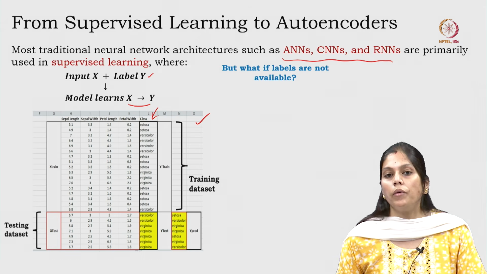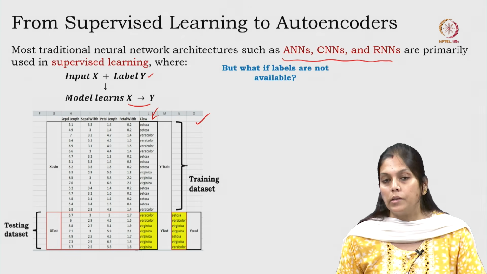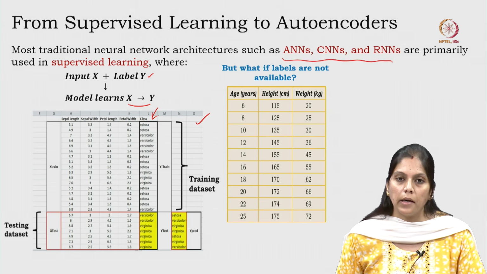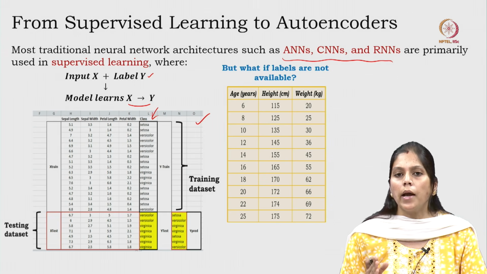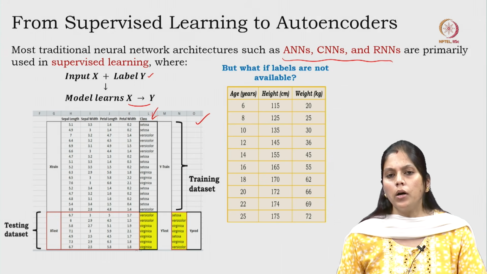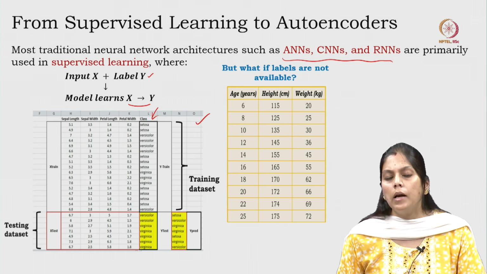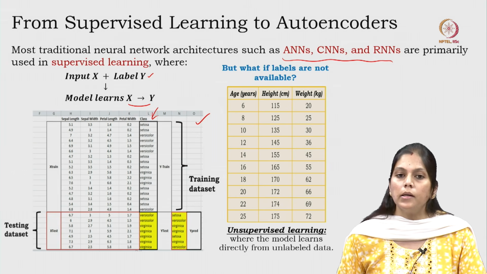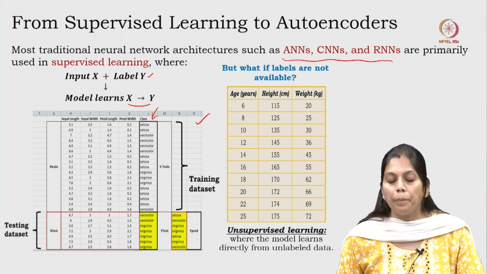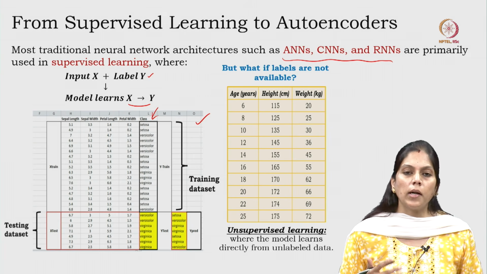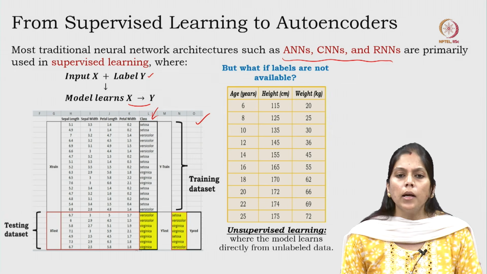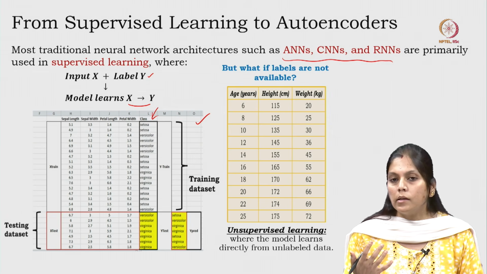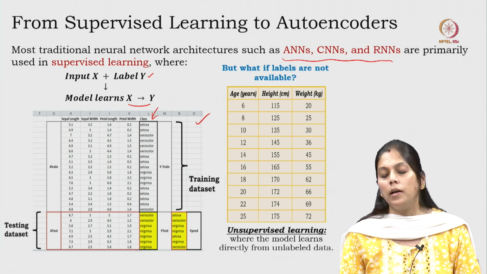But what when we don't have labels with us? So for example, if you consider this, here it is a data set which is having an age, height and then the weight. So here we don't have any labels. Then what kind of learning problem is it? This is an unsupervised learning. In unsupervised learning, the model learns directly from unlabeled data here.